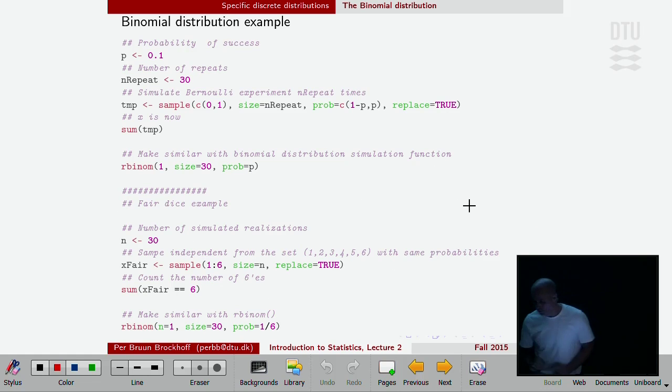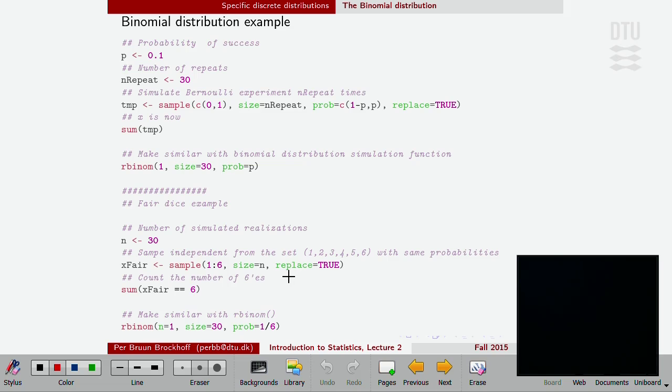As an example, before the real example, let's look at a little example here that could be linked with the dice example.